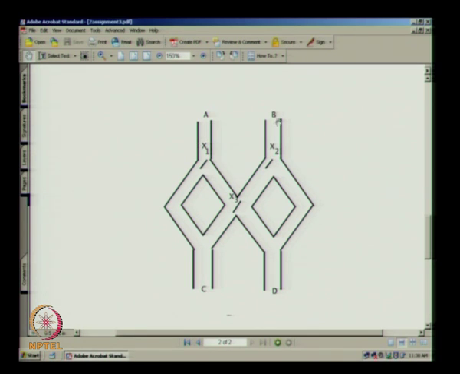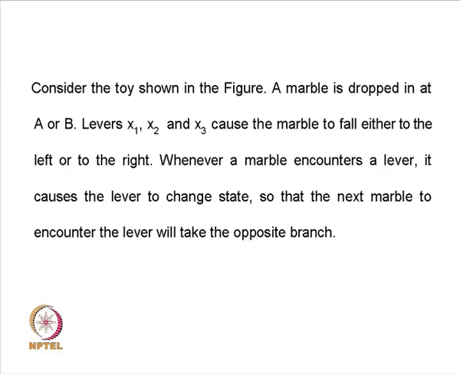When it is dropped here, it is considered a 1 input, and if it comes out of this hole, the output is taken as C, and if it comes out of this hole, the output is taken as D. Marble is dropped at A or B. Levers x1, x2 cause the marble to fall either to the left or to the right. Whenever a marble encounters a lever, it causes the lever to change state, so that the next marble to encounter the lever will take the opposite branch.